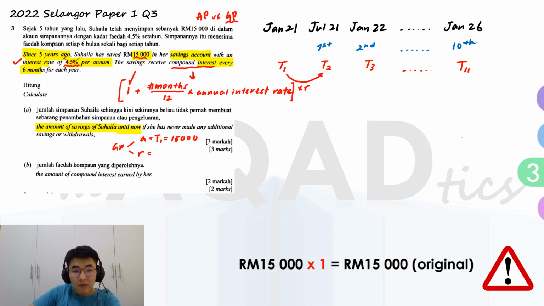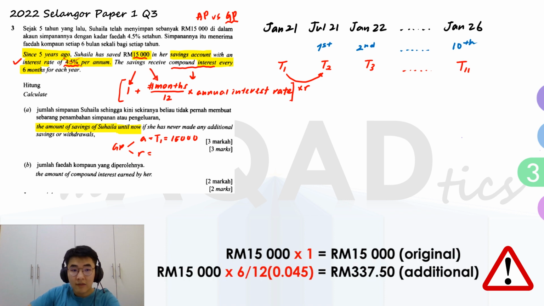So the first part is the 1. 1 means the current amount in the saving account. Okay, and this part is actually the amount that the bank has to pay Suhaila. Right? So here will be the number of months divided by 12, and we need to multiply the annual interest rate.